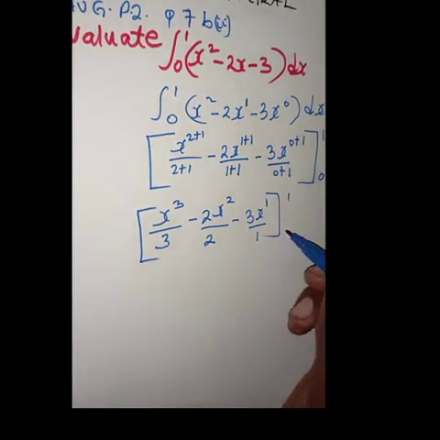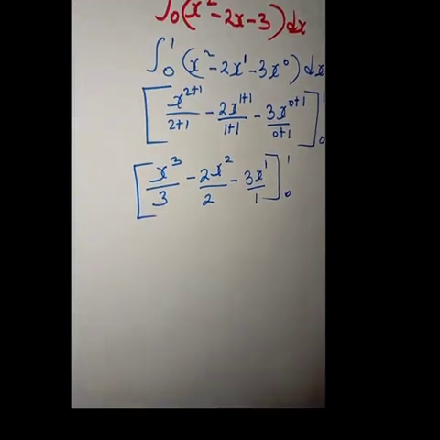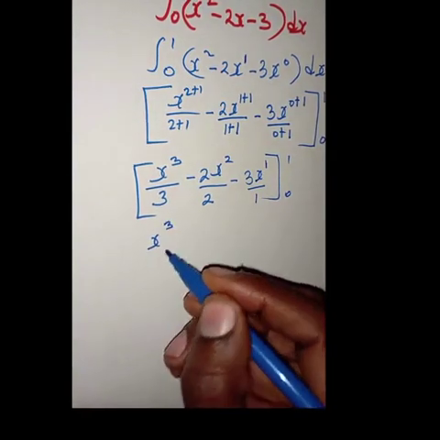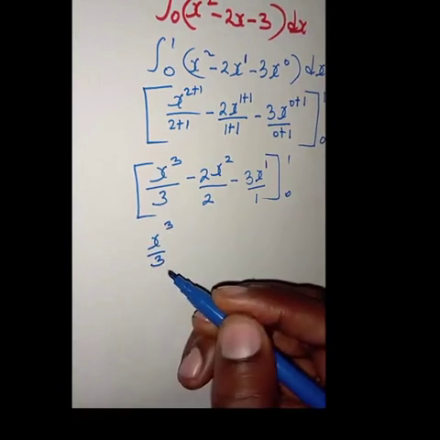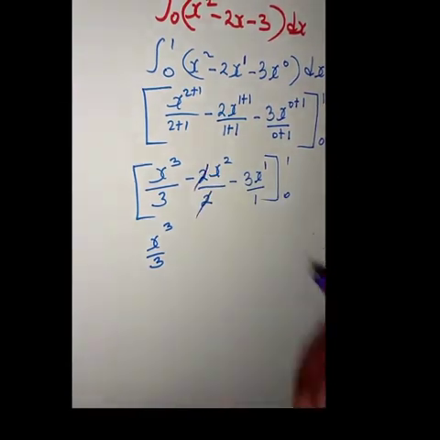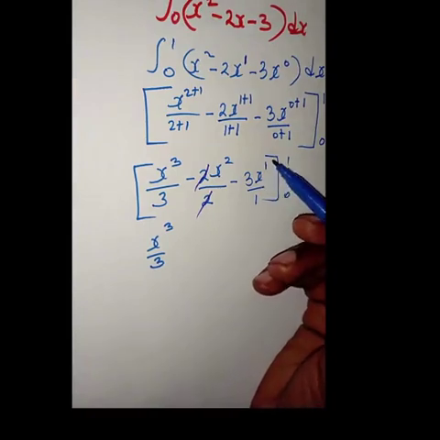Next step, if we were to simplify further, we know that a 2 and a 2 will cancel. It means a 2 can go into 2. Then we know that x to the power 1 is same as x.